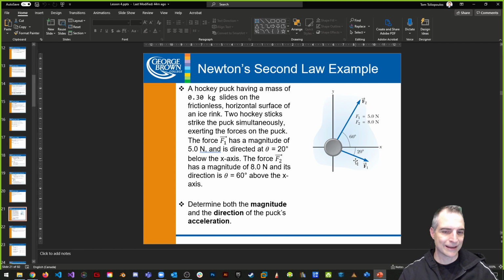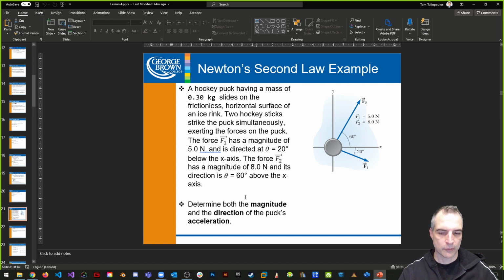The answer is we cannot use Pythagorean theorem because it's not a 90-degree angle, right? We'd have to use other calculations for this. If we think about this as 80 degrees, then these two angles here have to equal 100 degrees, right? If you put together the triangle.